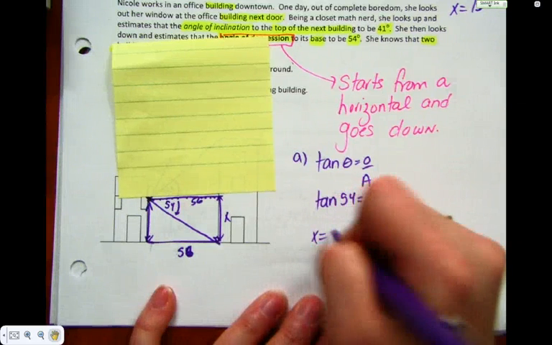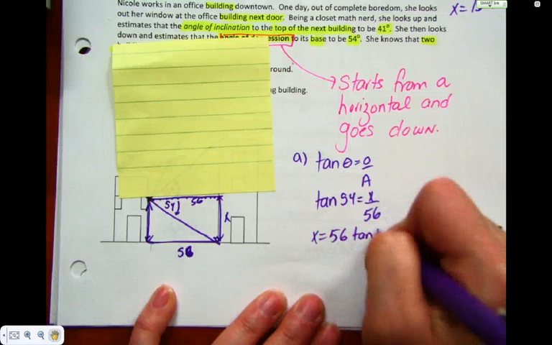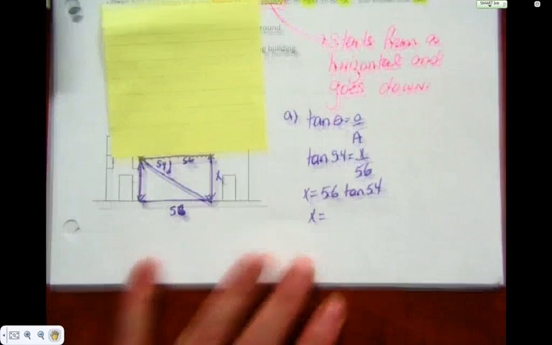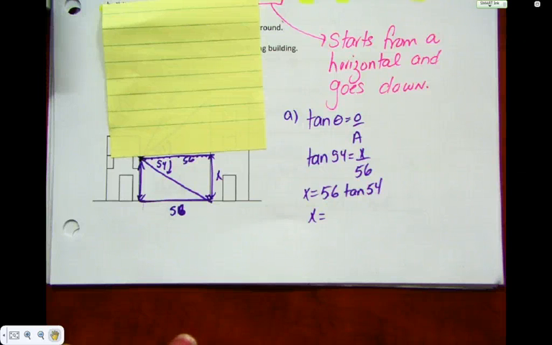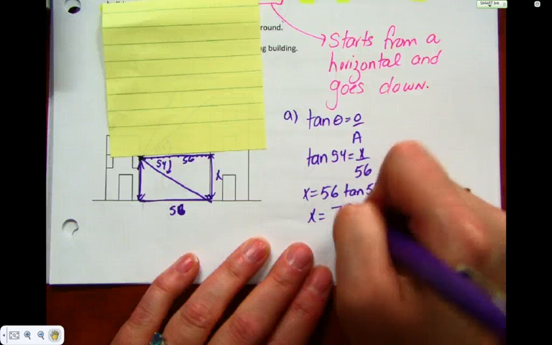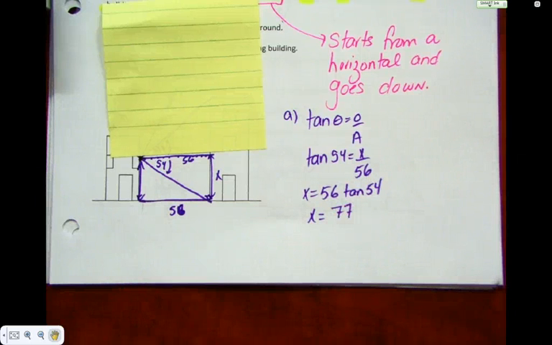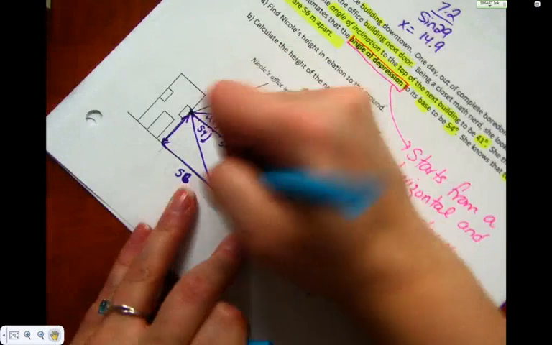Multiply them up. 77? Even? Confirm, that sounds confirmed? Okay, so let's add that to our diagram, 77.